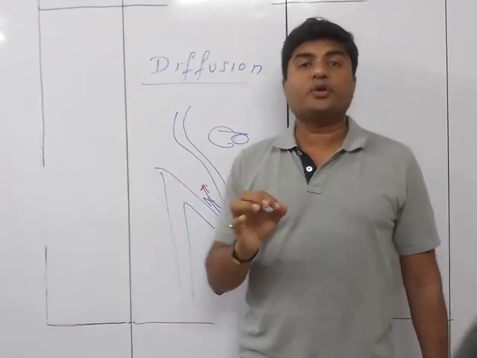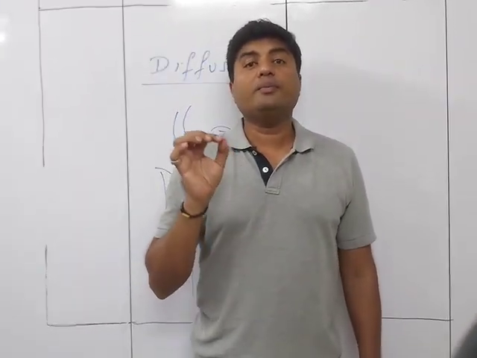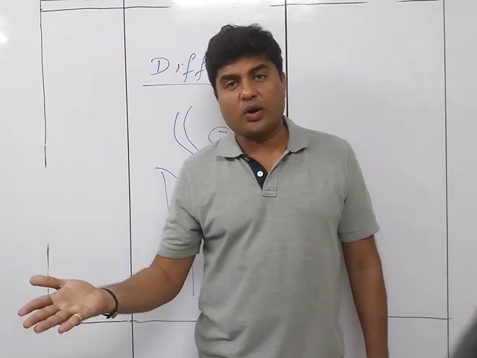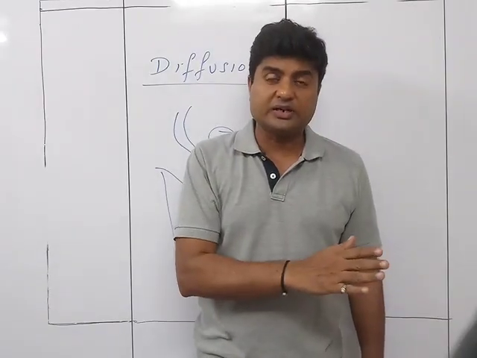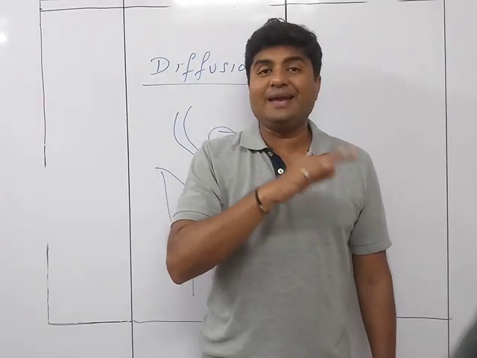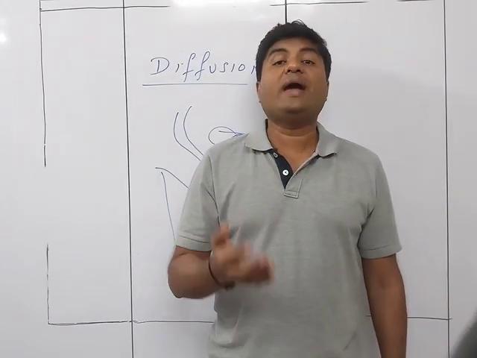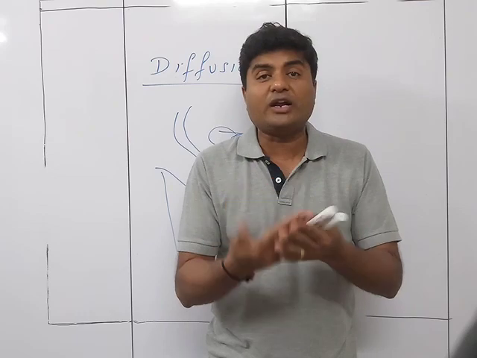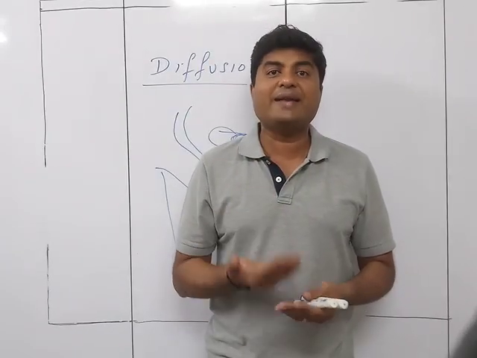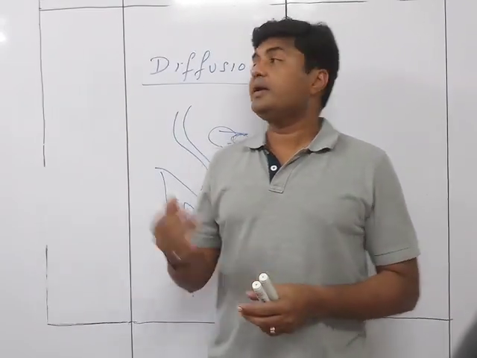So diffusion is a process of the movement of water from higher concentration to lower concentration without any separation, or we can say when directly in contact with each other. Whenever there is a direct contact between each other, then it forms this diffusion.